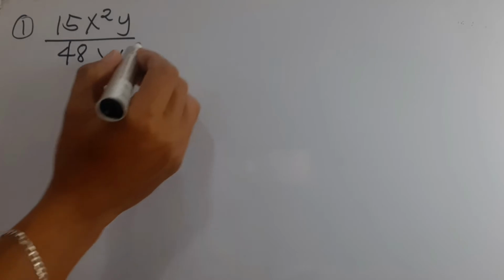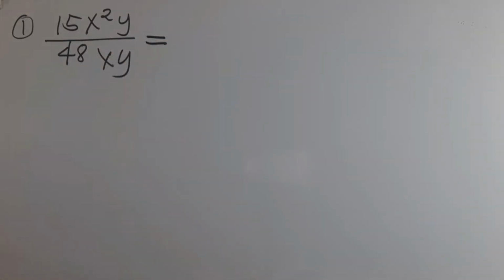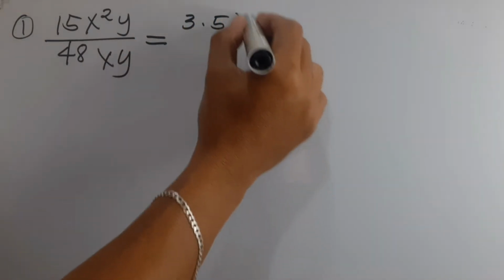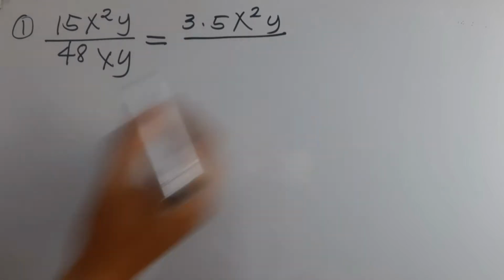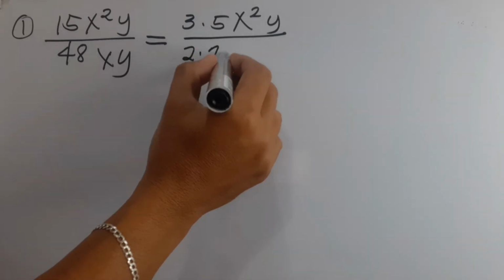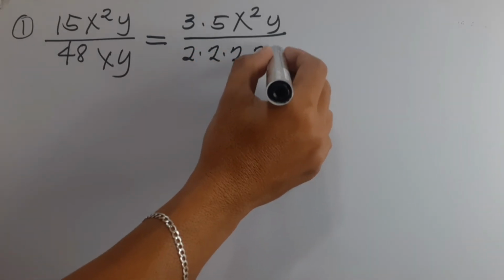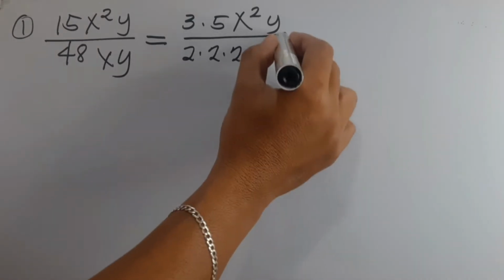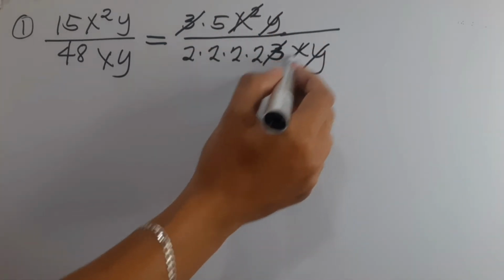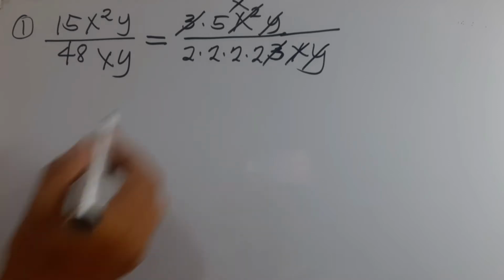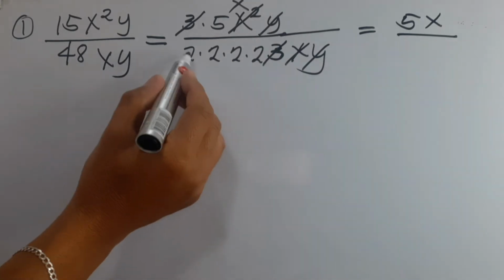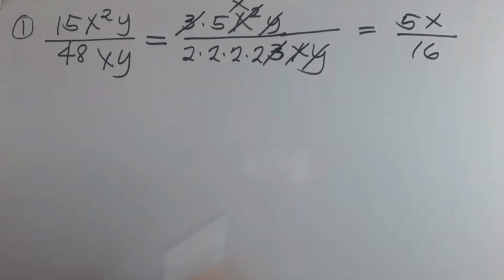To simplify, the same as what we did before in fractions, we will factor 15: 3 times 5, x squared and y, over the factors of 48 in prime factorization: 2 times 2 times 2 times 2 times 3, xy. Then cancel common factors. Cancel y, cancel x. There remains 1 x there. So we have 5 times x is 5x. 2 times 2 times 2 times 2 is 16.